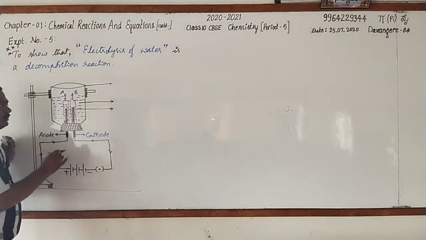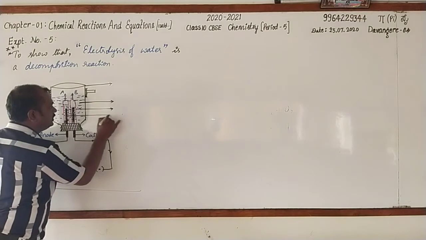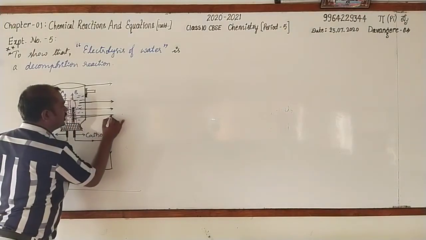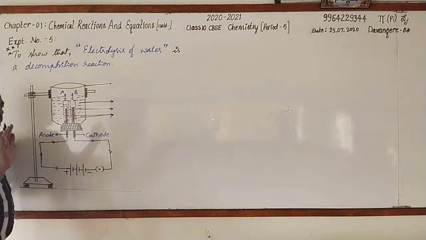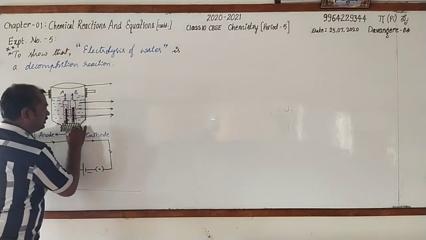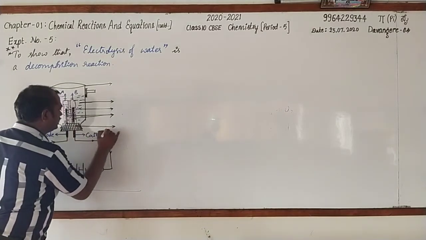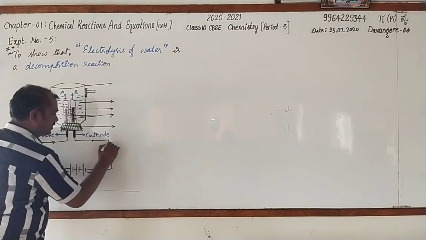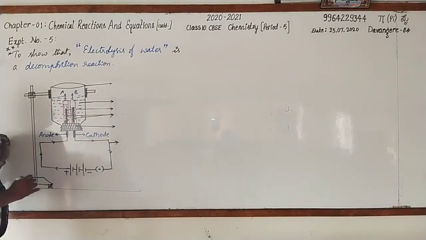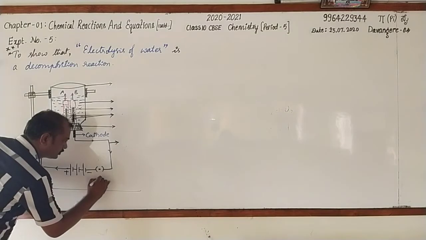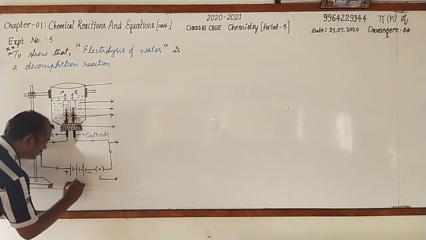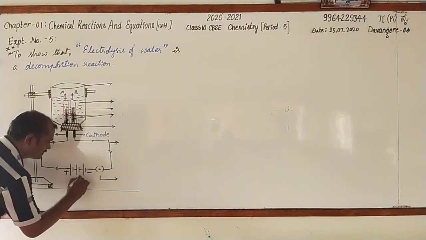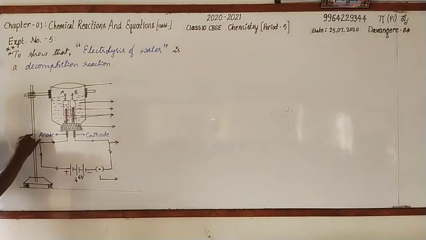Even this is also. And what do you say about these two? These two are graphite rods, nothing but electrodes. And this one is a 2-hole rubber cork. And this is the wire. It is the switch and this is the battery. So you may call it a 6-volt battery. What about this? This is the iron stand. Followed?